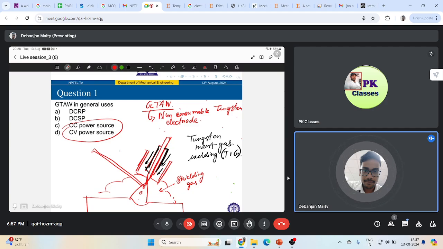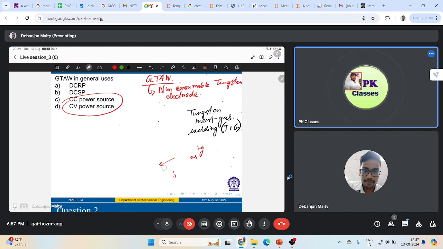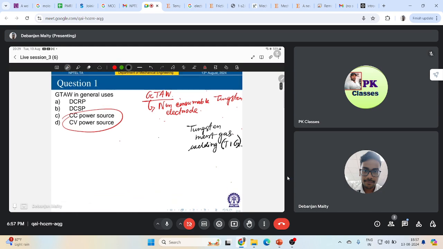Do you have some idea on constant current and constant voltage power source? I think constant voltage power source. Why?